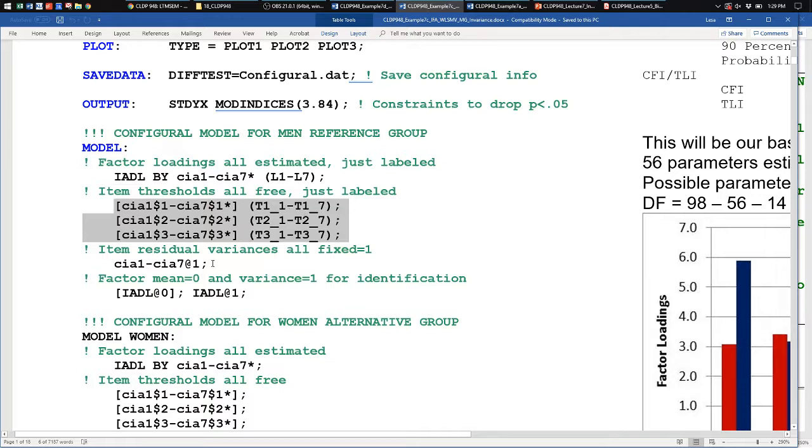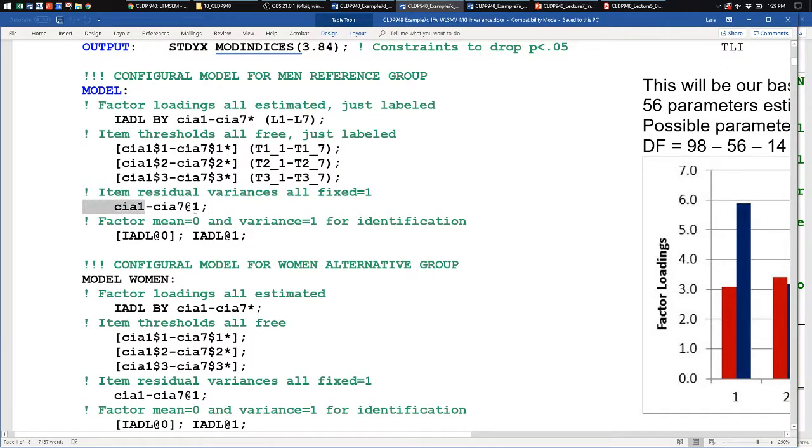The other thing that is going to be new that I don't think we did before is that the residual variances here are referenced, they're fixed to 1. And in invariance modeling, after we hit the point of scalar invariance for IFA models, you actually can test the residual variances, as crazy as that sounds. So in this case, they have to be fixed to 1.